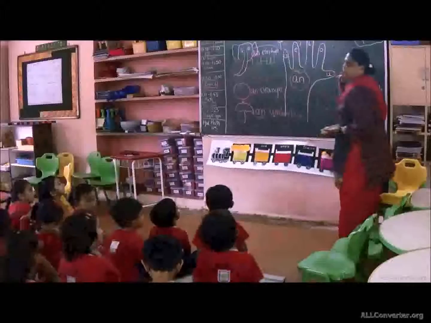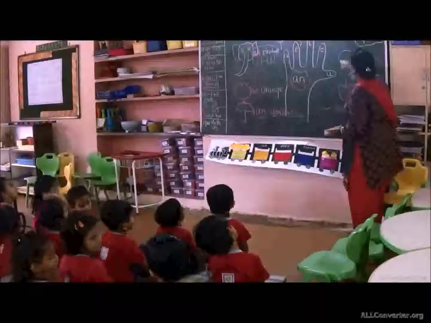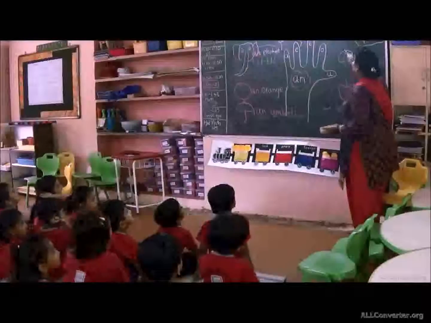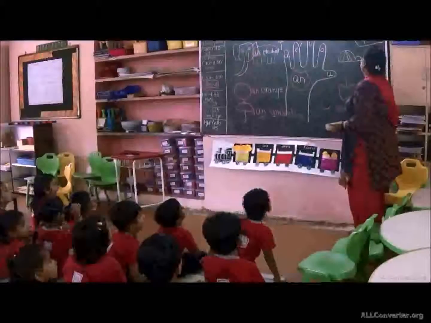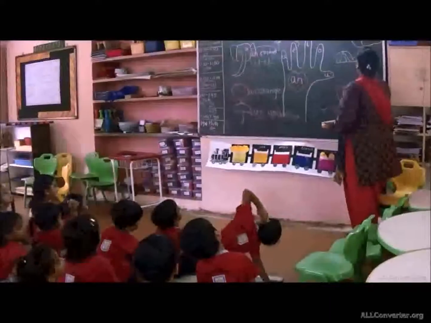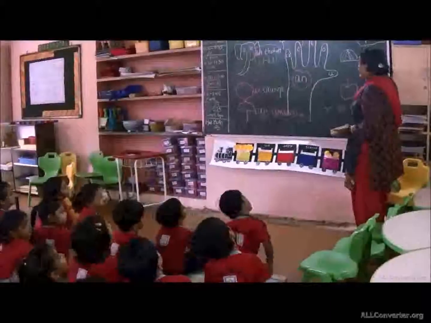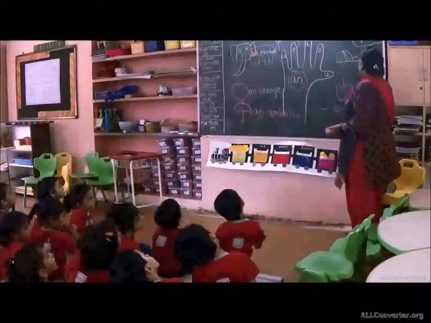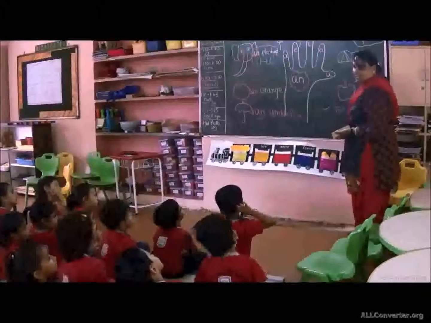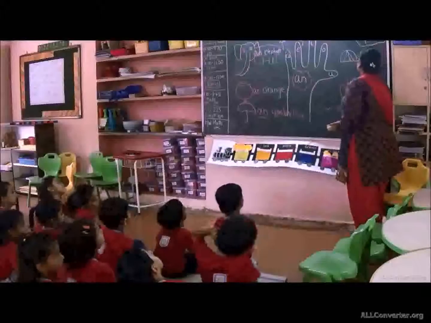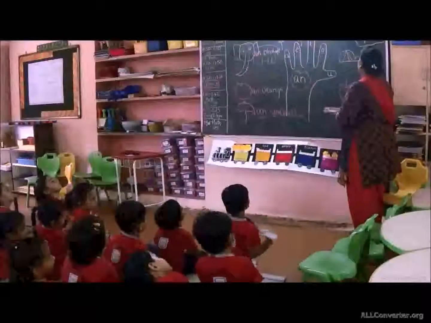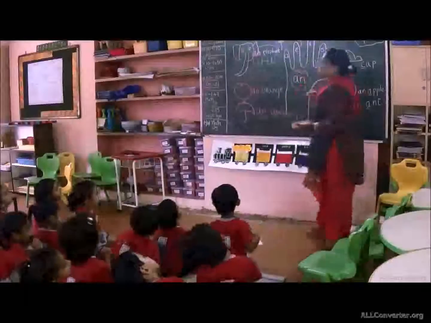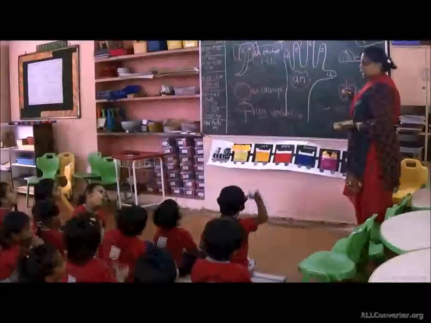Okay, I am giving you one more example. Ready? Look here. What is this? Cat. What is the beginning sound of cat? K. A is there, but A is in the middle. The first letter is K. So what will come here, an or a?